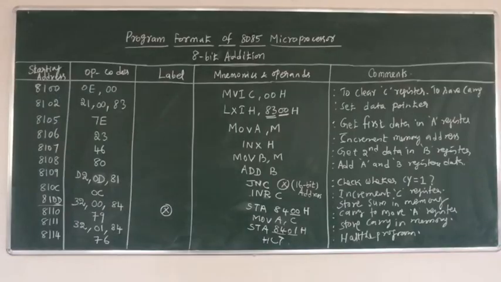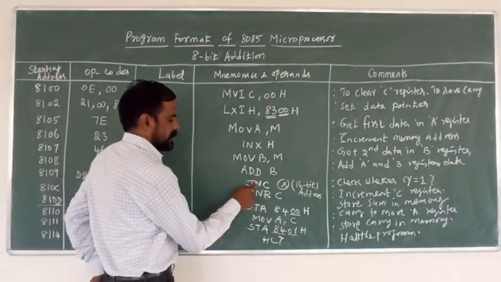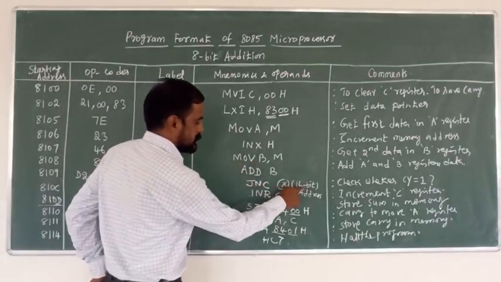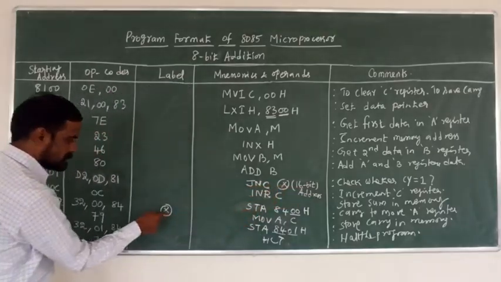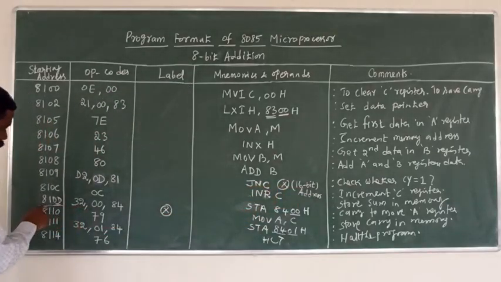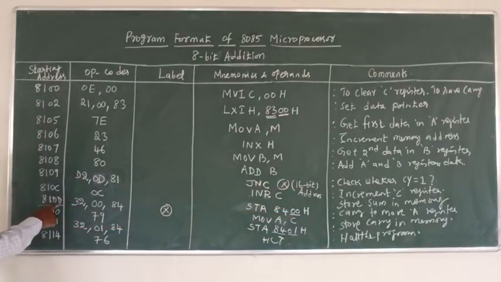Now here, JNC 16-bit address. If the condition is satisfied, jump to this address location. Now the address will be 810D.